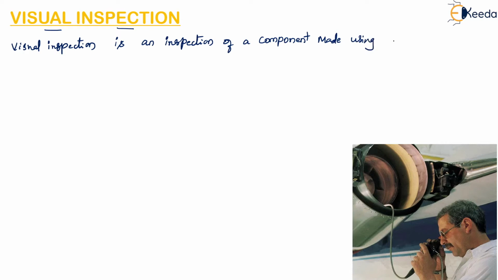So visual inspection is an inspection of a component made using only the naked eyes.